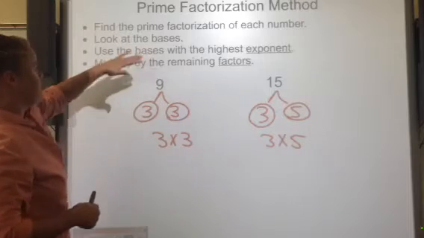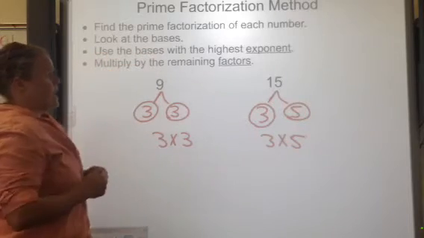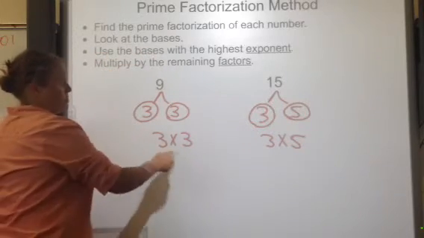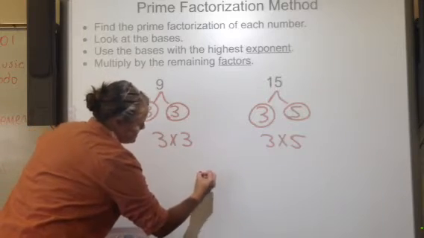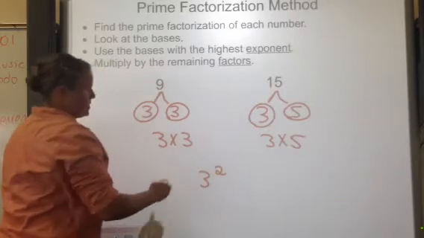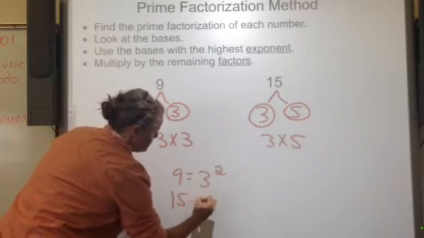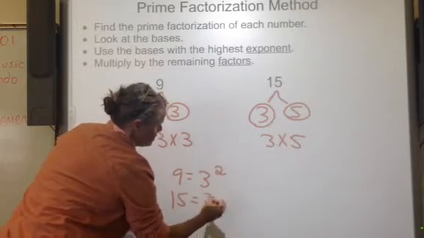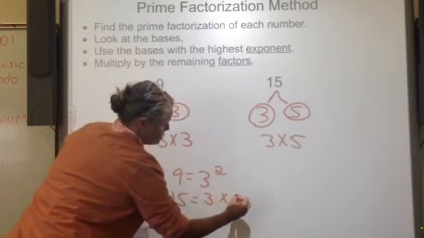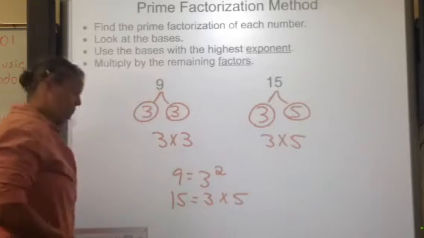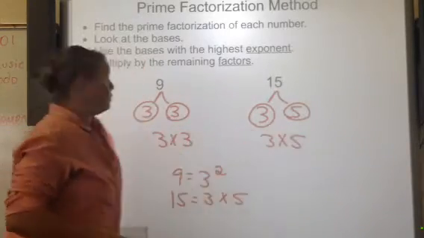And for the purposes of this, it's always good to get into the habit of writing them in exponential form. So 3 times 3 is the same as 3 squared. So this is 9. And then 15 is 3 times 5, because there are no exponents for that one.